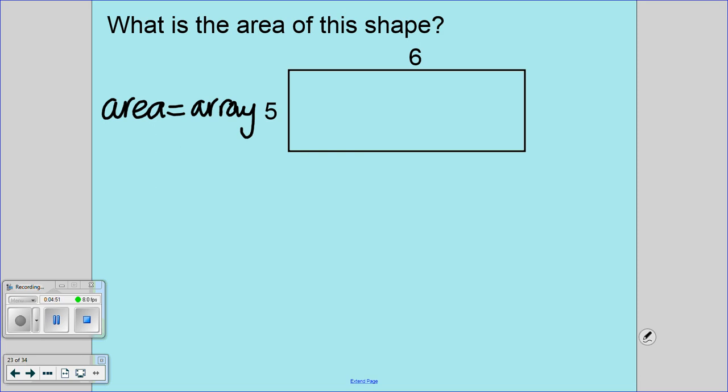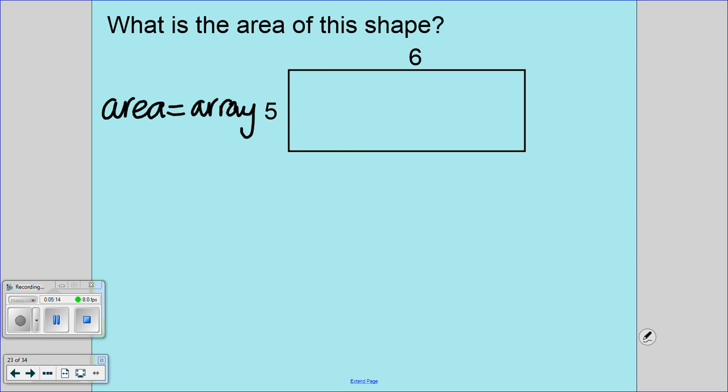If I'm thinking array, what mathematical equation am I going to use to find area? Courtney? Multiplication. Yep. How many rows do I have in this model?